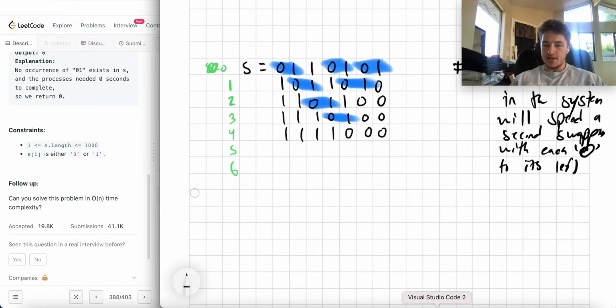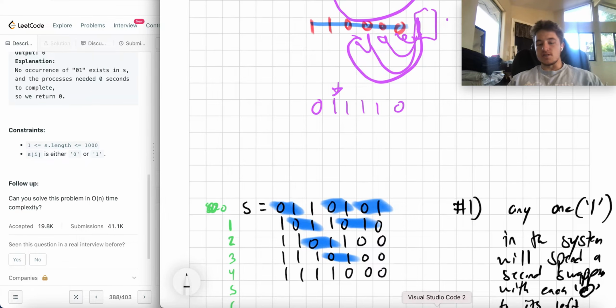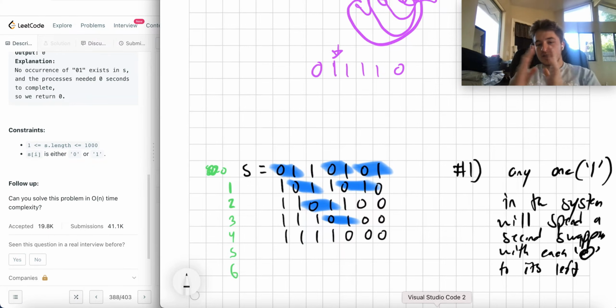What I'm basically saying is that 0s and 1s can be swapped simultaneously, but a 1 can only be swapped with 1 0 each second.